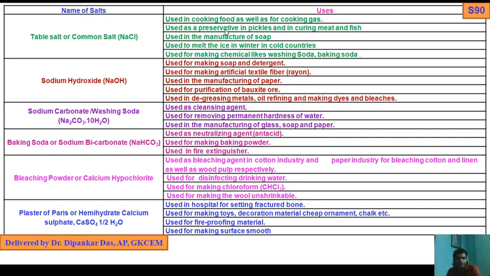Used as a preservative in pickles and for curing meat and fish, used in the manufacture of soap, used to melt the ice in winter in cold countries, used for making chemicals like washing soda and baking soda.